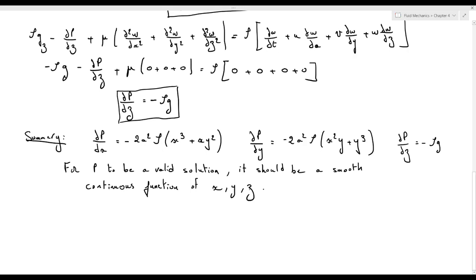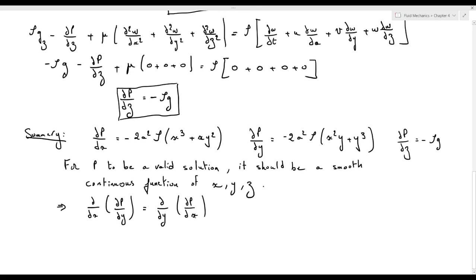So for a smooth continuous function of x, y, and z, the mixed derivative del over del x of del p over del y should be equal to del over del y of del p over del x. So the order of differentiation should not matter in a continuous function.